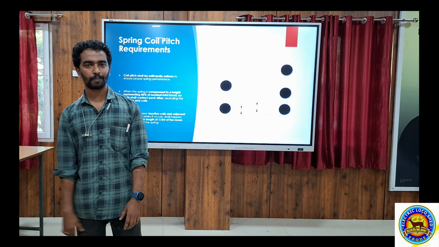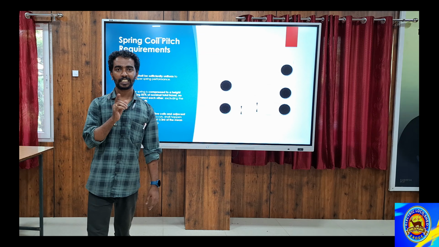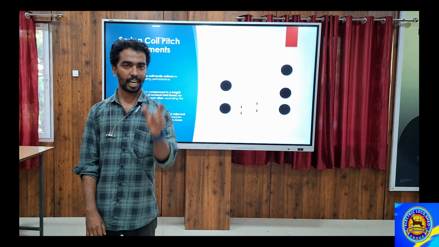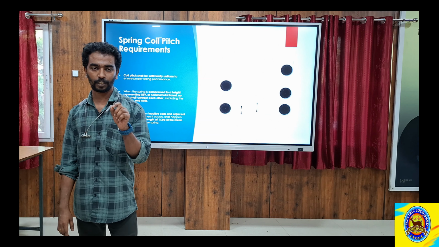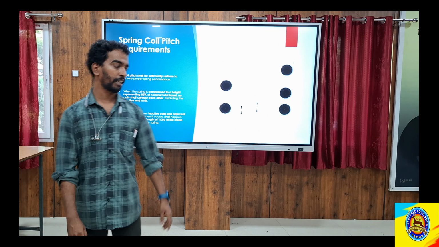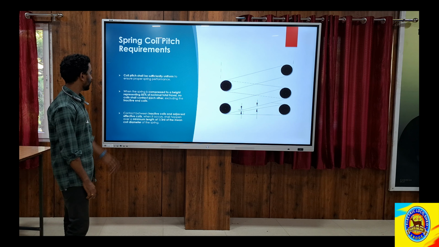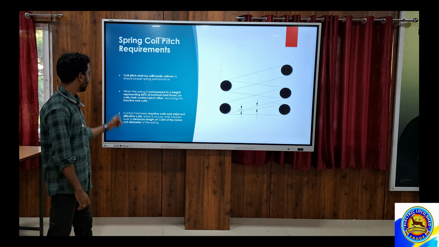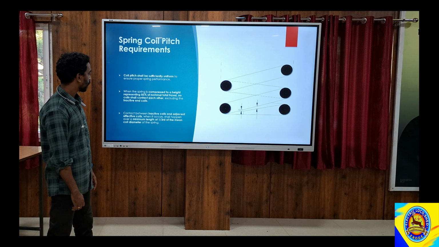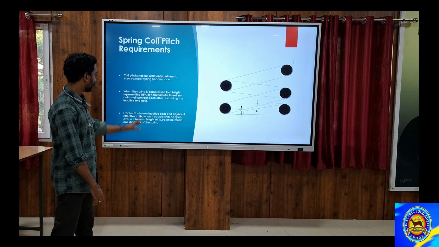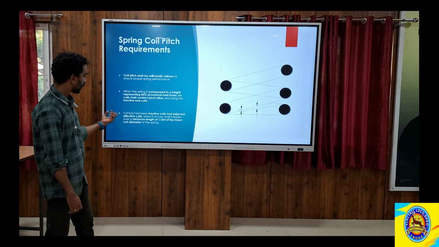There should not be touching between the active coils. Only one portion is allowed to touch, that is the line of contact between the tip portion of the inactive coil and the active coil, excluding the inactive end coil. Contact between the inactive coil and the adjacent effective coil, when it occurs, shall happen over a minimum length of 1 by 3rd of the mean coil diameter of the spring. This point I already explained.